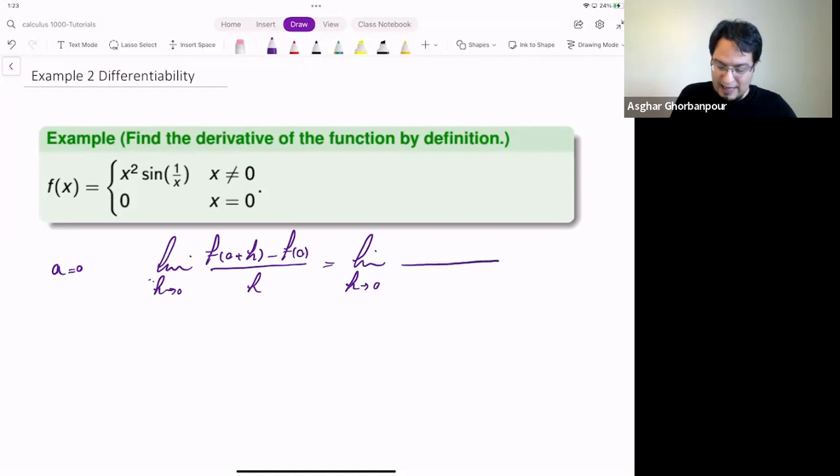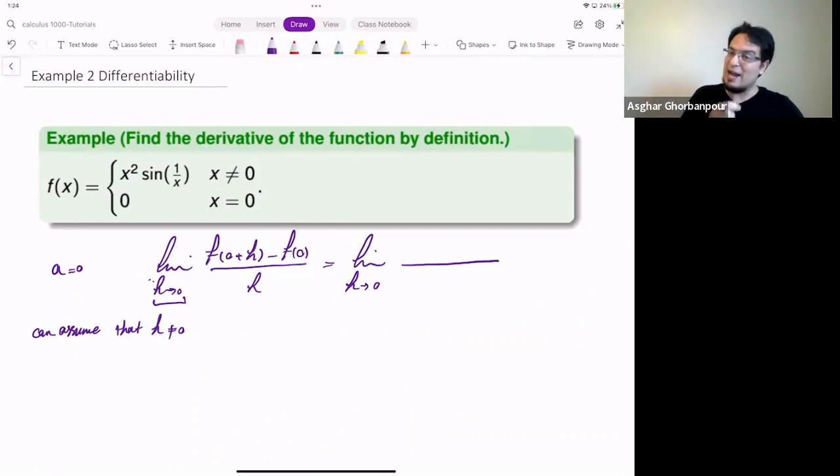You see, f at h, if h is approaching 0, we can assume that h is not equal to 0. When we're approaching a number, we never allow that variable to be equal to it, but it gets closer and closer. So since h is not equal to 0, I can use this formula.